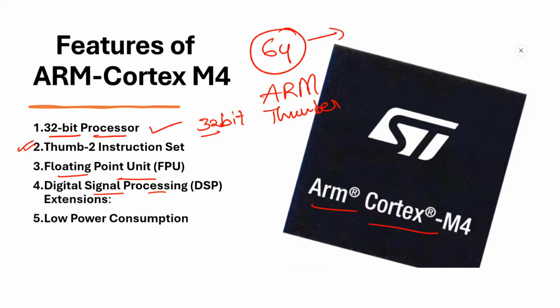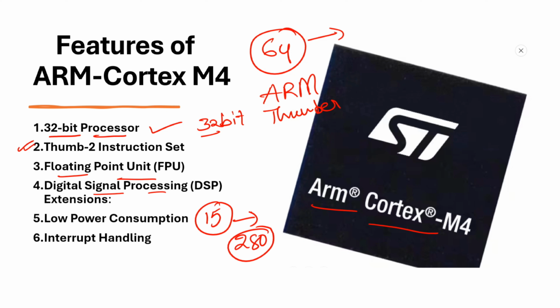It's one of the important features of ARM-CORTEX M4. Next, interrupt handling. It can handle 15 system exceptions and around 280 external interrupts. So it has good interrupt handling capability.